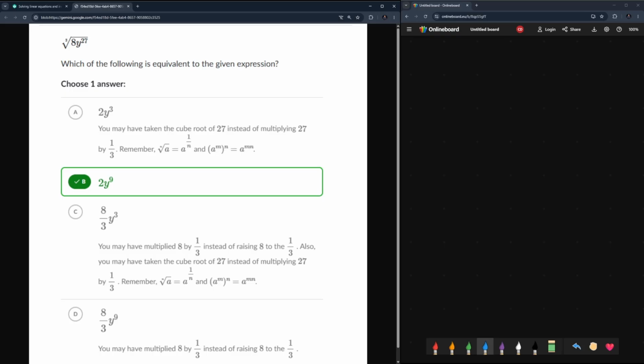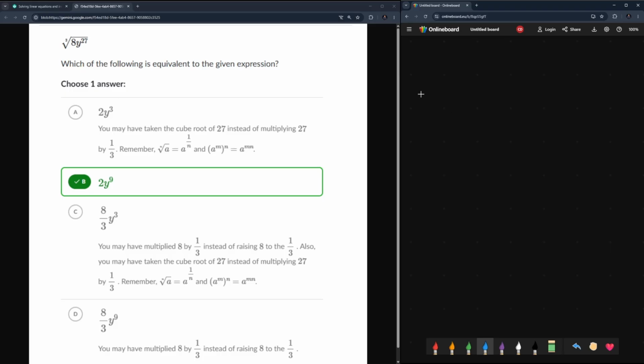First thing that we should do is I'm going to come to my whiteboard here, or blackboard. Alright, first step we have to do is to split the problem in half. Why? Because although this cube is affecting the 8 and the y^27, it's affecting them in different ways.